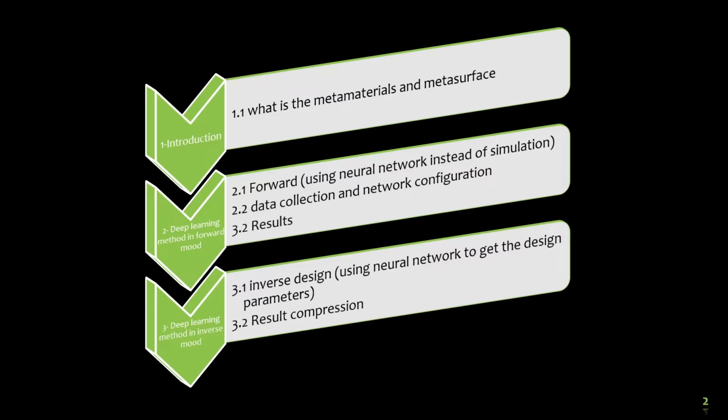One of them is forward, that is using a neural network instead of simulator software, and the second one is backward or inverse design. I show you two networks that are used to help designers design metasurfaces or metamaterials.